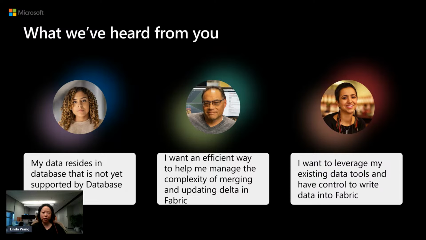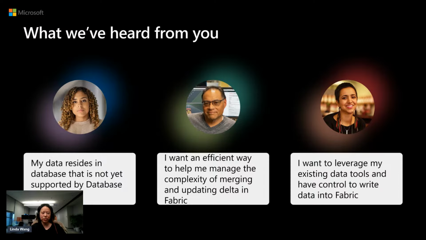For all the feedback we got from different channels, we want to enhance the mirroring solution so we can better help you replicate the data from different source systems into Fabric efficiently.